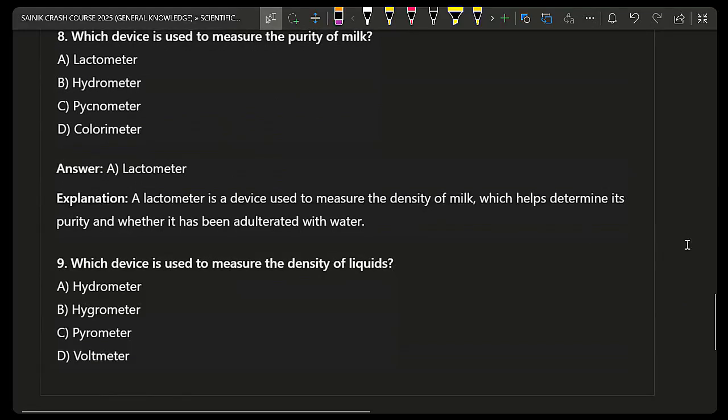Which device is used to measure the density of liquids? Hydrometer, hygrometer, pyrometer, voltmeter.